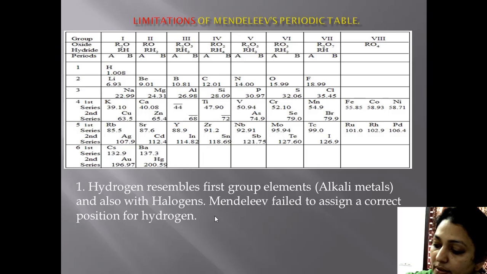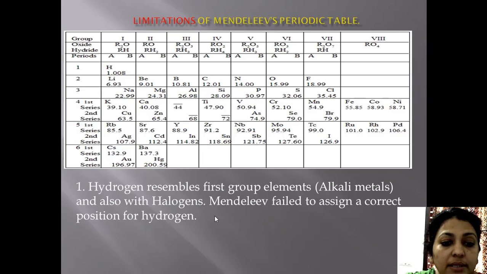Like alkali metals, hydrogen combines with halogens, oxygen and sulfur to form compounds. Alkali metals combine with oxygen, halogens and sulfur to form their own compounds. Similarly, hydrogen also combines with halogens, oxygen and sulfur. For example, hydrogen combines with chlorine to form hydrogen chloride. Hydrogen combines with oxygen to form water, exactly like how alkali metals combine with these elements.